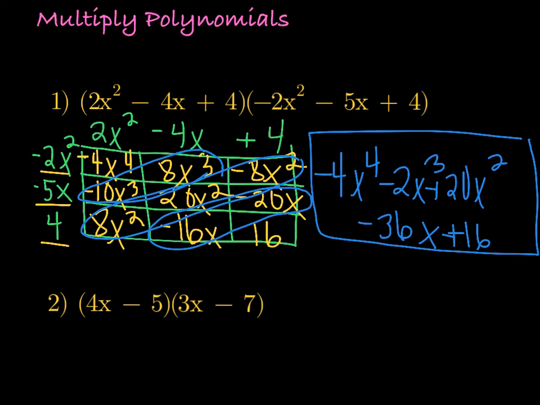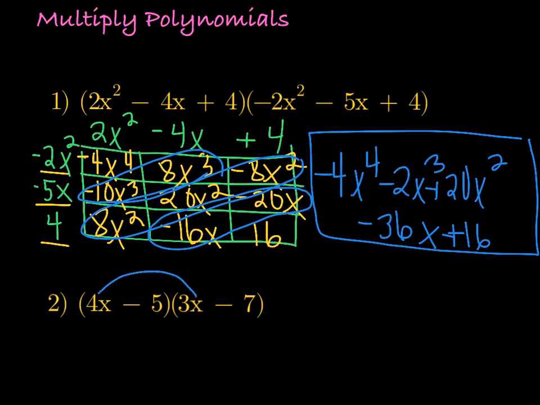And so we're done. This is kind of a big one, but again, you can use whatever method, this box method that we just did, or you could use your distributive property. The last one, you can use the box method if you like, it would be a 2 by 2, but if not, just use the distributive property and multiply across.